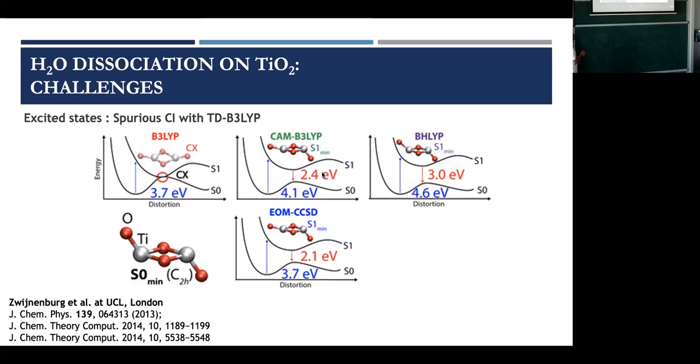And then you see that the energy gap between the lowest point in the first excited state and the highest point, like here, the maximum in the first excited state, and the ground state is different for different functionals. And here you can see that there is a spurious conical intersection. So basically, you need to play the functional game, and we don't know which one is correct. So this is the problem with density functional theory for photocatalytic systems. So it's generally not applicable.